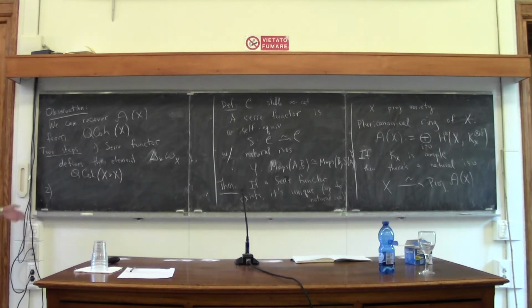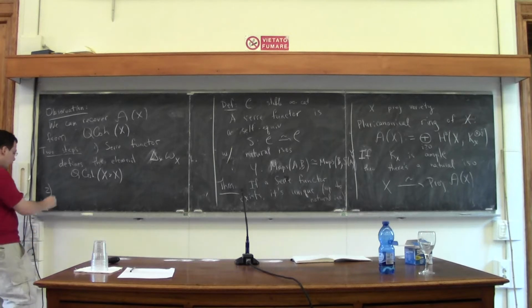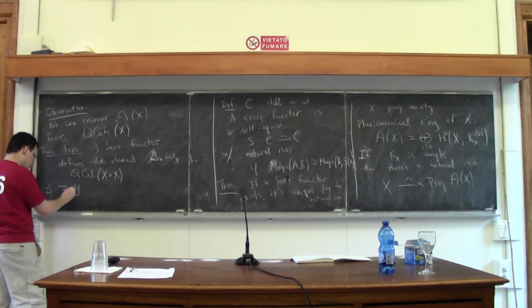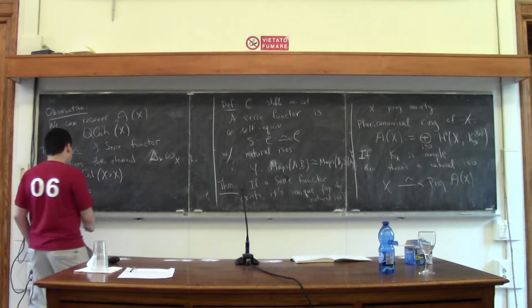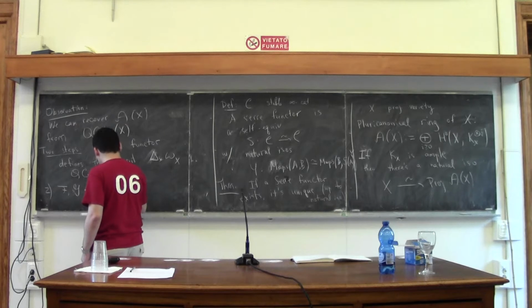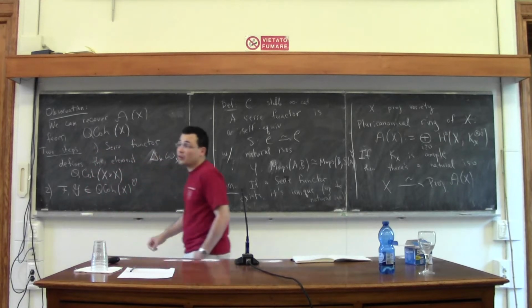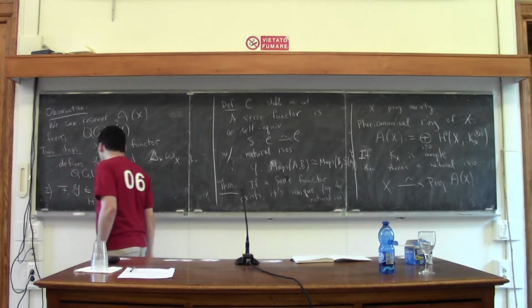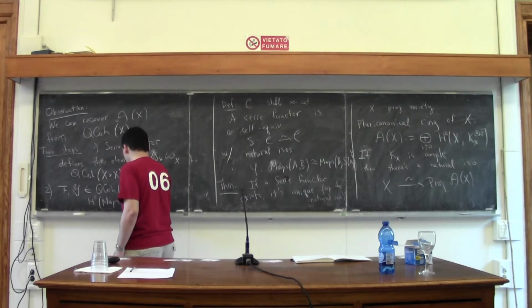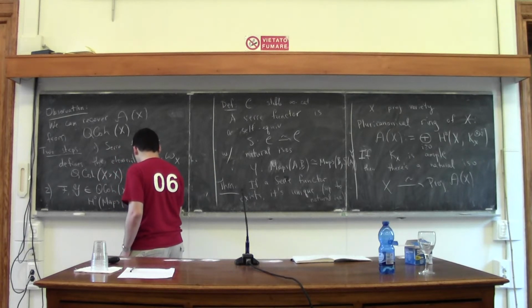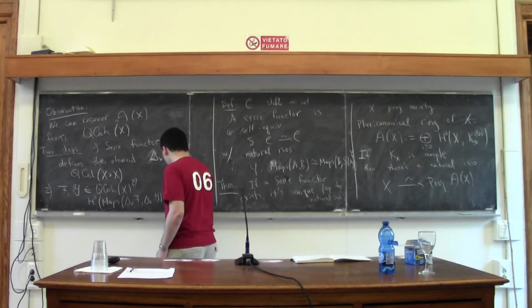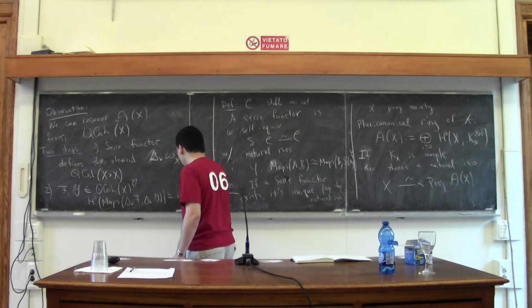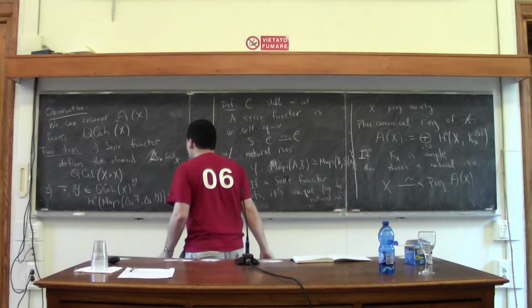And the second step is that if we have F and G in the heart, in the abelian category of quasi-coherent sheaves, then if we take H0 of maps from delta lower star F to delta lower star G, that's isomorphic to just H0 of maps from F to G. So what have we done?